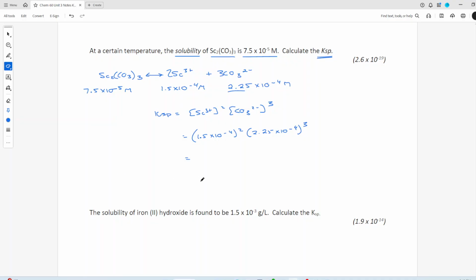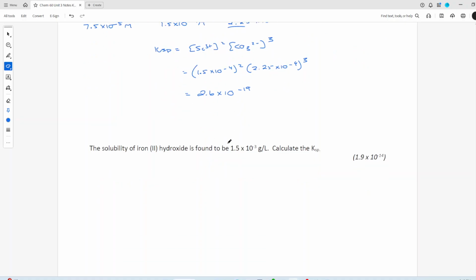You should get, to 2 sig figs, 2.6 times 10 to the negative 19 and no units on KSP, right? So concentration had units. This does not.